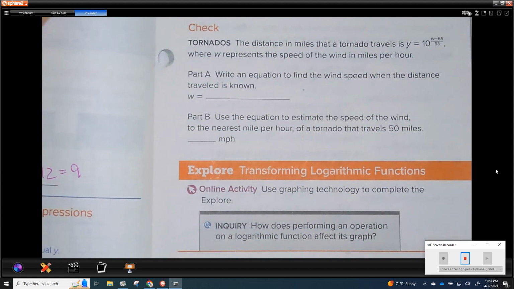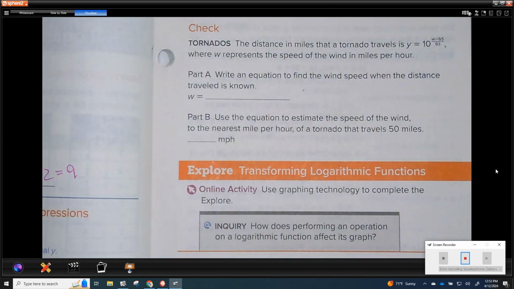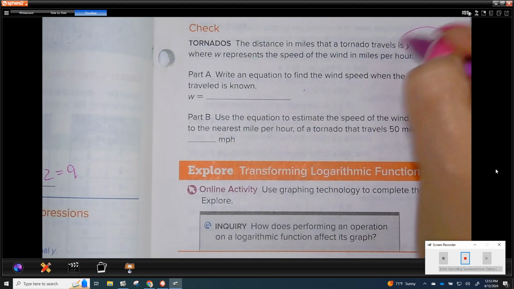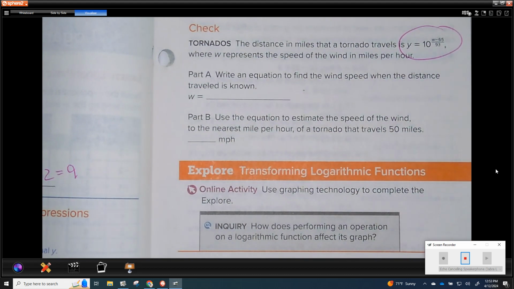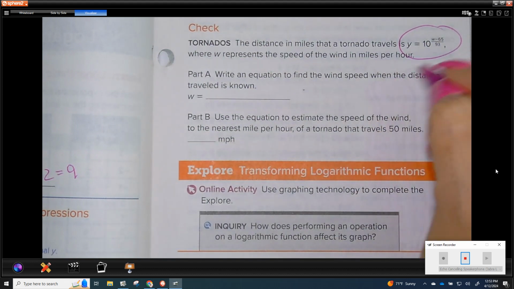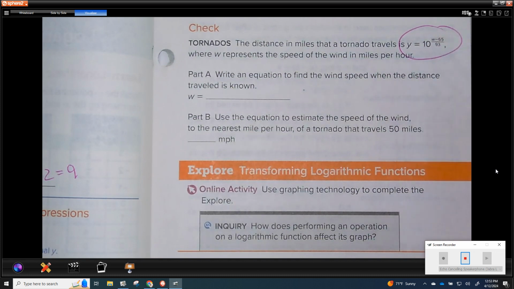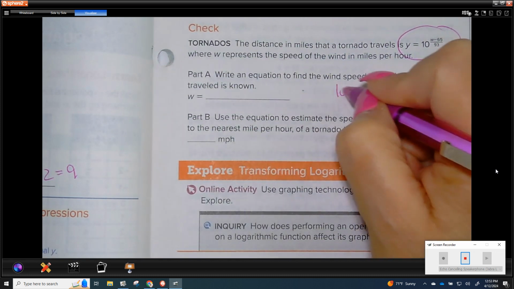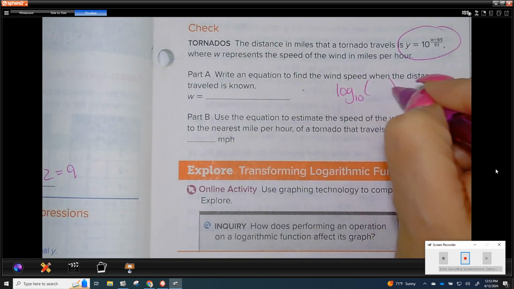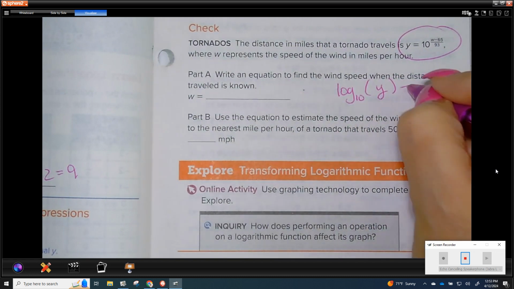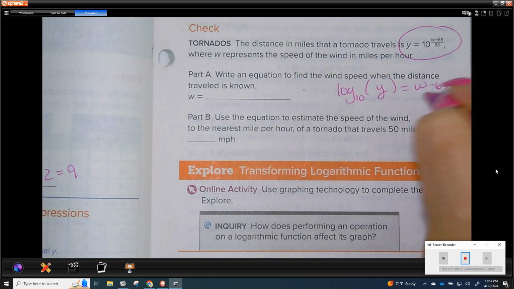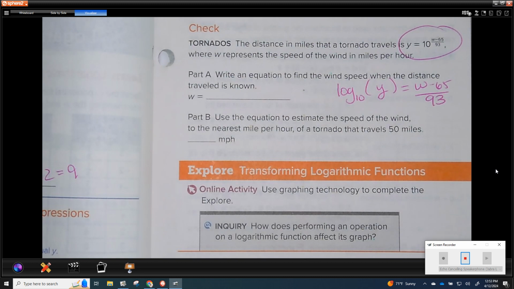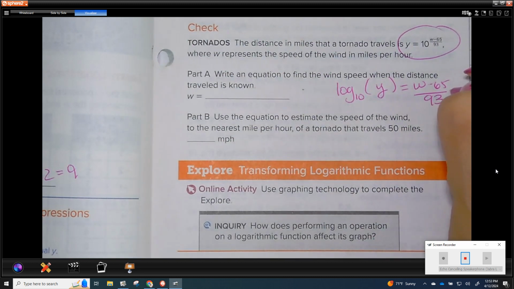Tornadoes. The distance in miles the tornado travels is this. So this is this exponent, where W represents the speed of the wind in miles per hour. Write an equation to find what W is. So we're going to rewrite this as log. We're going to say log base 10 of Y equals my exponent. Now we want to get W by itself, so we're going to multiply by 93.